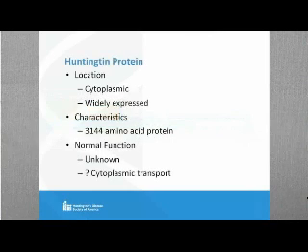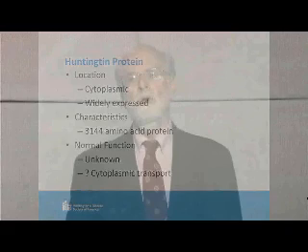The protein made by the Huntington gene is primarily in the cytoplasm of the cell, and it occurs in all cells in many organs of the body, so it's said to be widely expressed. We noted that it had more than 3,000 amino acids. The normal function of this protein is not entirely clear. It's probably involved in transporting and trafficking other proteins and chemicals in the cytoplasm of the cell.